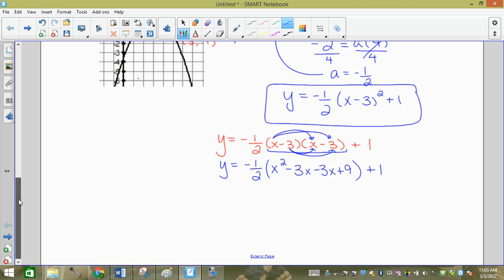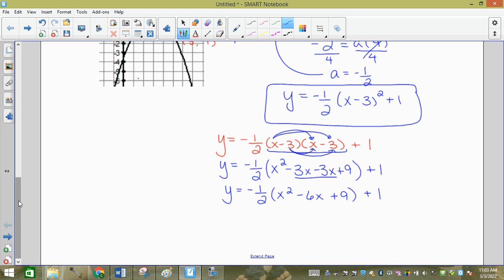Then I'm going to collect like terms in that bracket. So I'm going to get negative a half, x squared minus 6x plus 9, plus 1. So I FOILed first this time instead of distributing the number in. Both will give me the same answer, so whatever way you like better, you do.